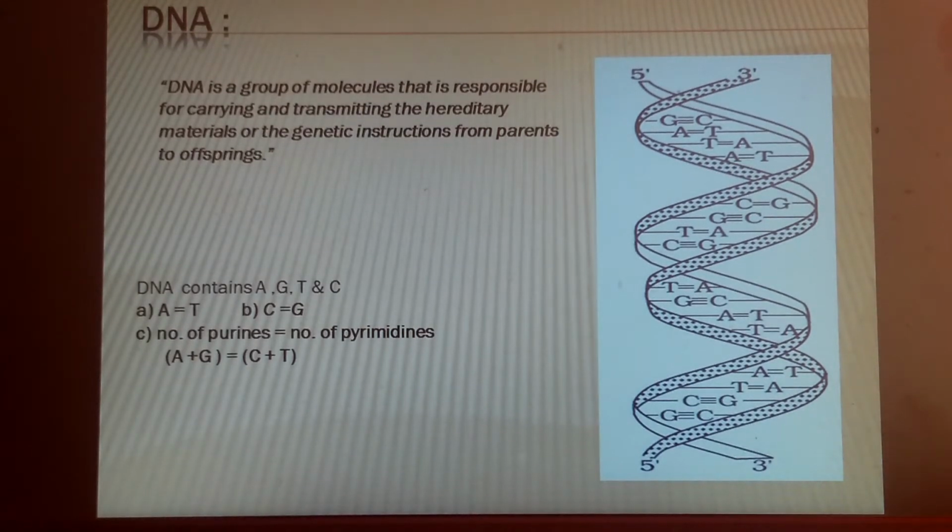DNA is made up of 2 strands. You can observe in the diagram, this is the first strand and this is the second strand.